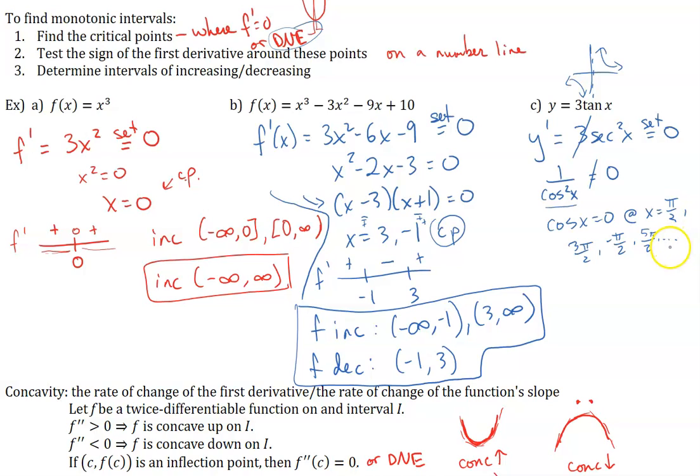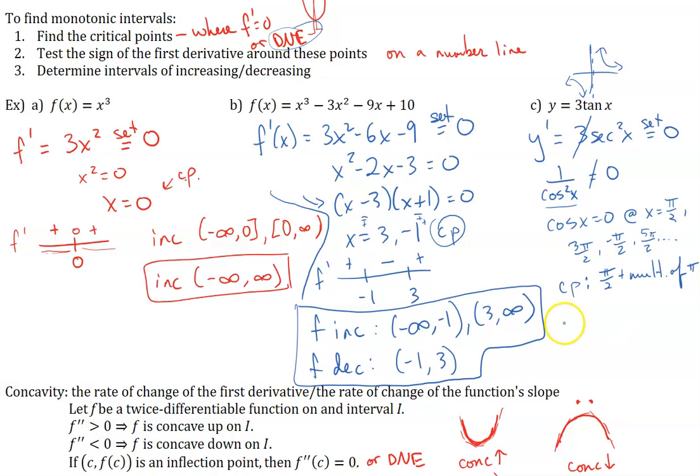We just need to know where the function's increasing, decreasing. So in words, I'm going to write this and say that our critical points are going to be pi over 2 plus multiples of pi. So pi over 2 plus 1 pi plus 2 pi plus 3 pi or negative pi. That's going to be enough for me to know where all of my critical points are.